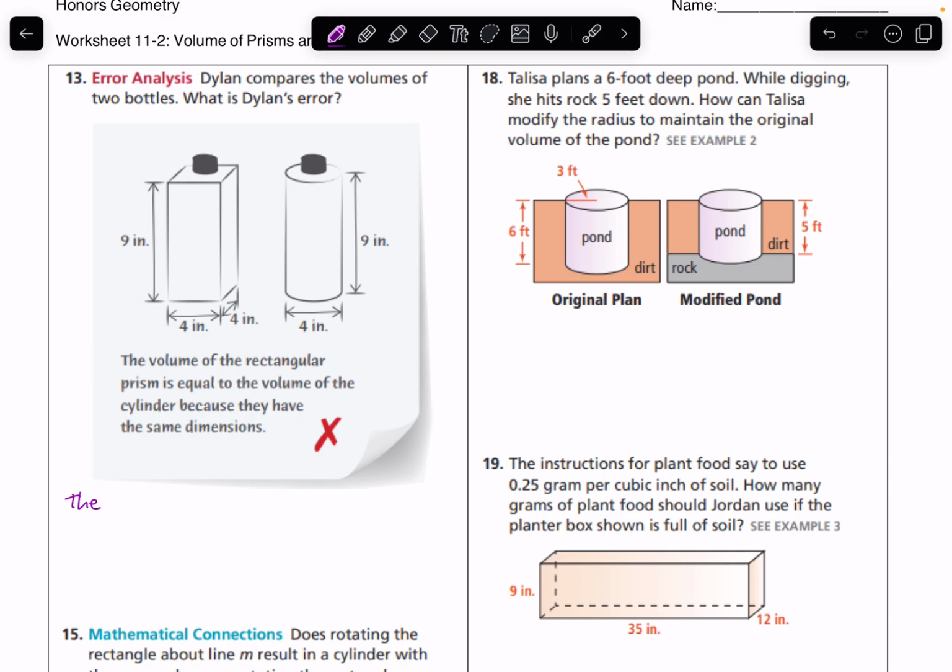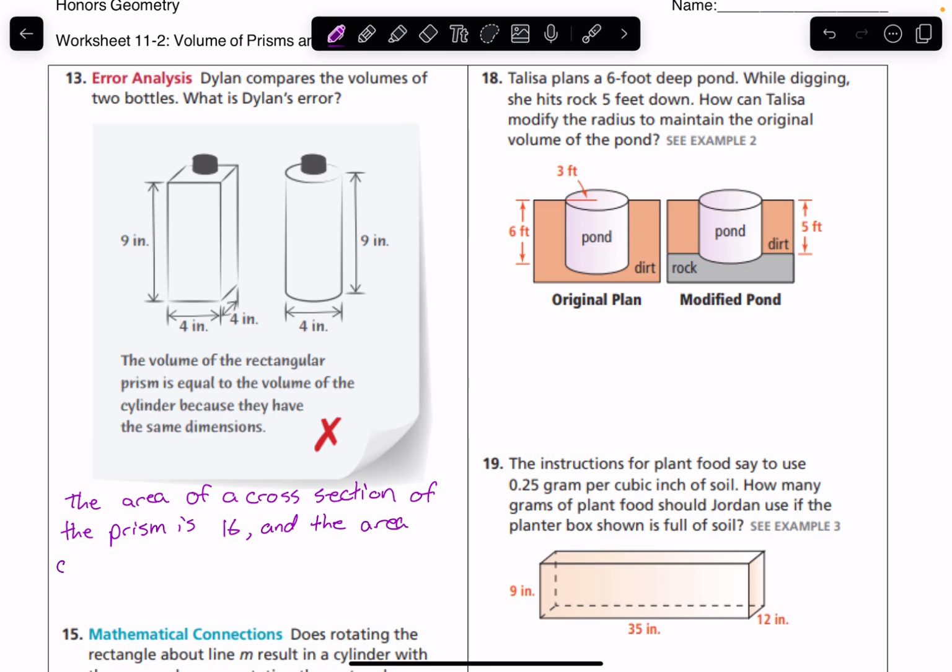So the area of a cross-section of the prism is 16, and the area of the cylinder is 4 pi.